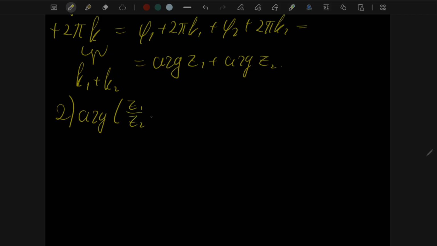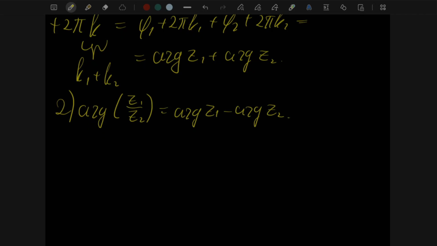The second property is the argument of a fraction, and as you could have guessed, it is basically the subtraction of arguments. The way to prove this is essentially the same. We rewrite this as an argument of z1 multiplied by 1 over z2.